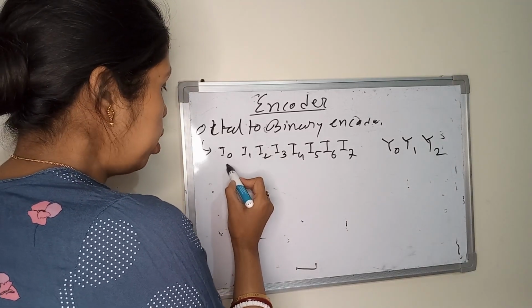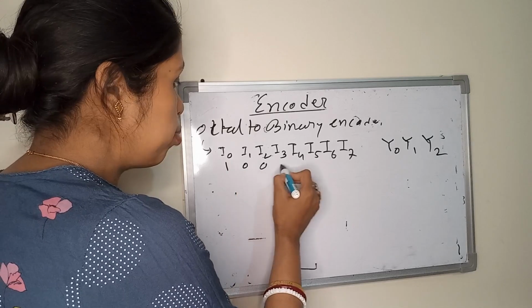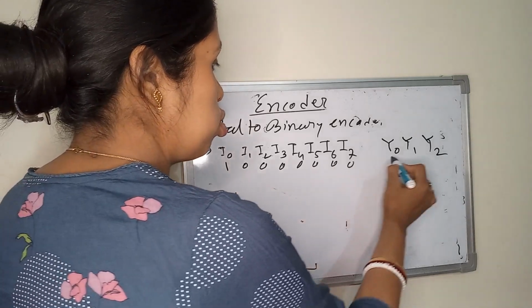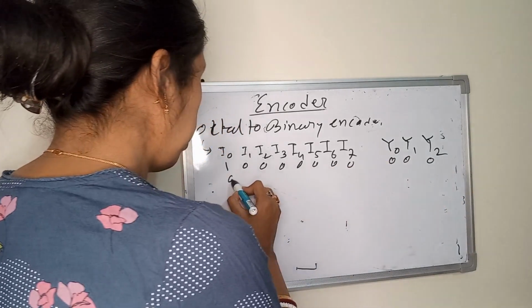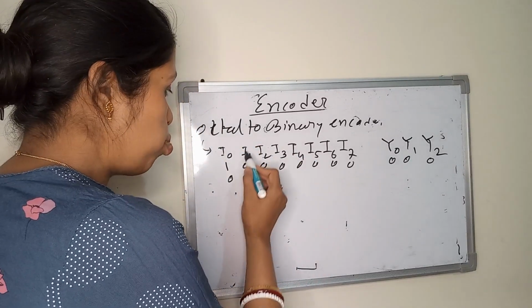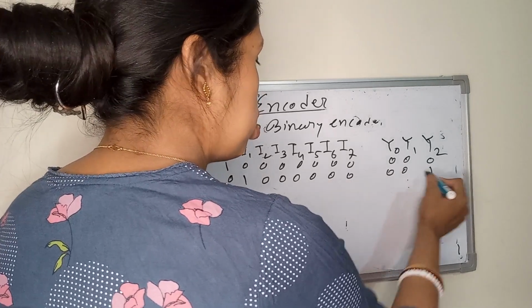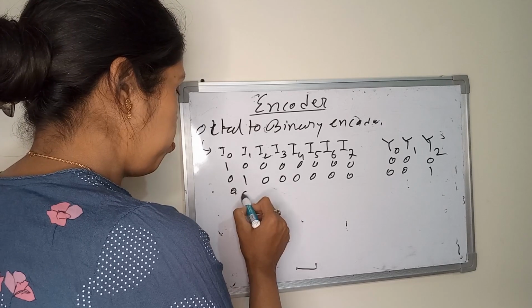If I want to send 0, my I0 will be 1 and the other bits should be 0. This gives 0, 0, 0. If I want to send 1 as the octal number, my I1 will be 1 and the other bits should be 0. This will give 0, 0, 1, and like this.